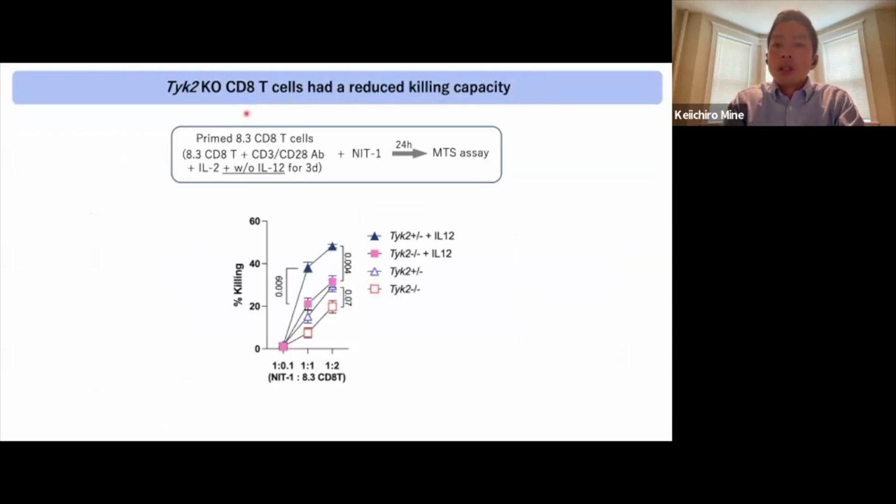Indeed, the killing capacity against NIT1 cells was reduced in TYK2 knockout CD8 T cells compared to TYK2 heterozygous knockout CD8 T cells.